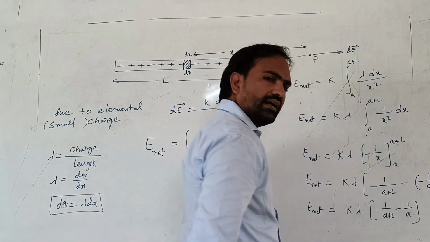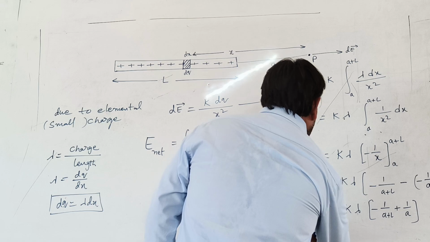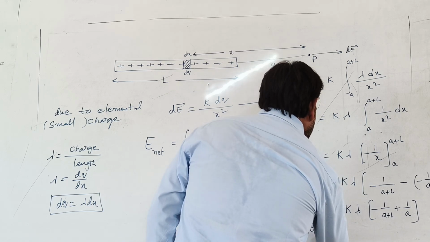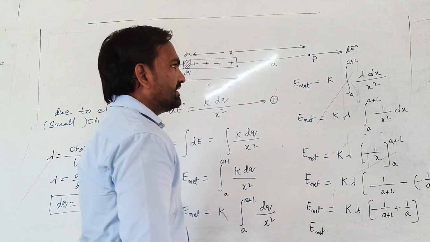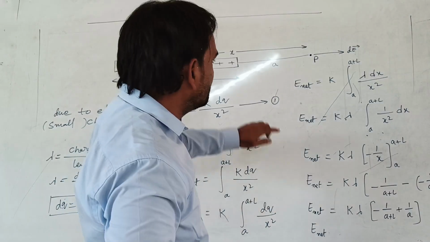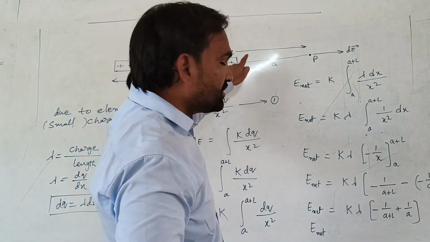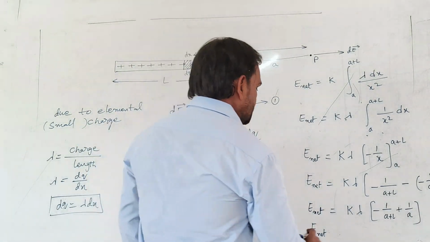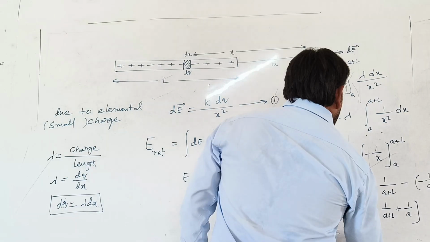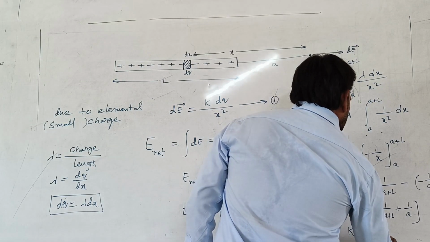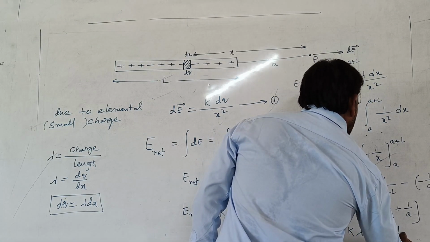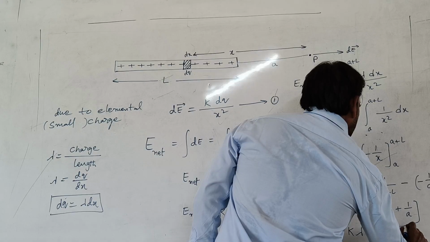So finally, E net is equal to the total electric field intensity due to the charge distribution body. E net is equal to k lambda times 1 by A minus 1 by A plus L. Simply write it like that.